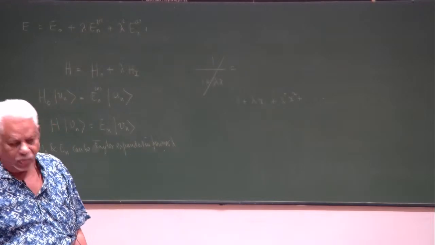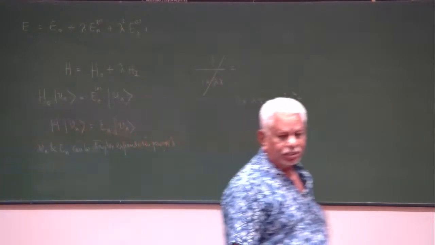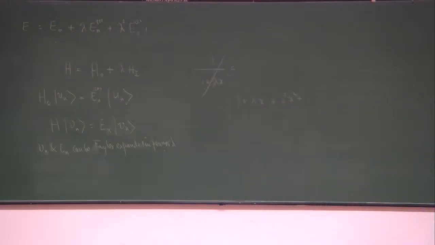But the radius of convergence is 1. That is, if lambda x is greater than 1, then when you add all of those terms, it will go to infinity. If you add 1 plus lambda x, lambda x square, lambda x cube, etc., they will all add up to infinity.